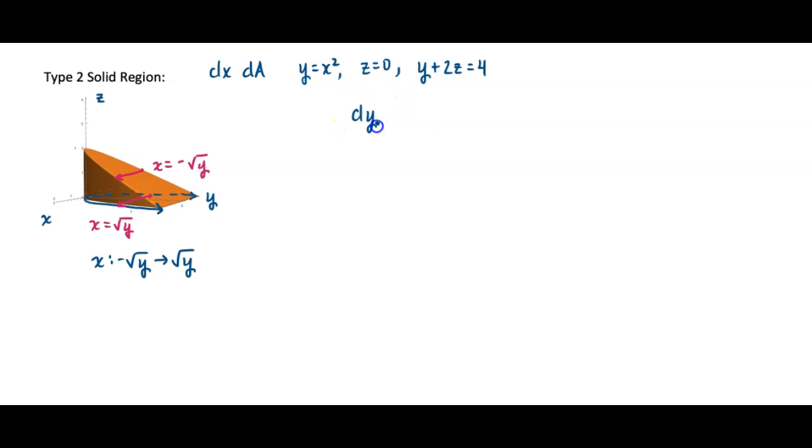All right, now that I have my x bounds, I've got two options here. I've got dy dz and dz dy. Either way, I need to start off by drawing my yz plane, so the projection onto the yz plane. If I look at this head on, I just have this region as a line here.